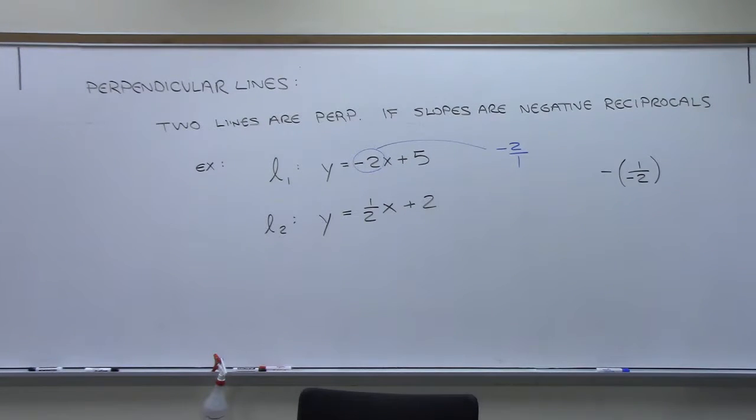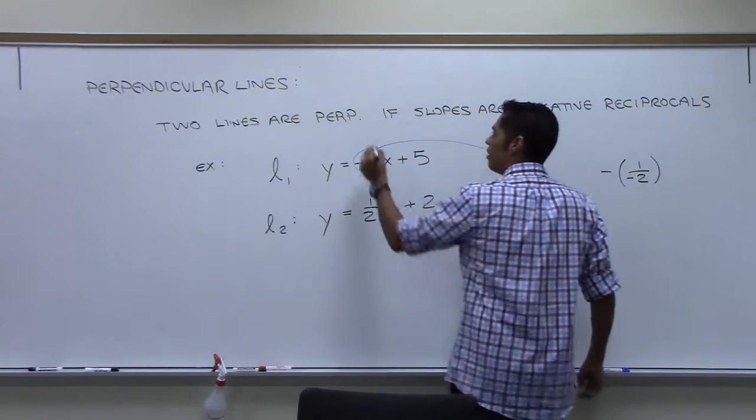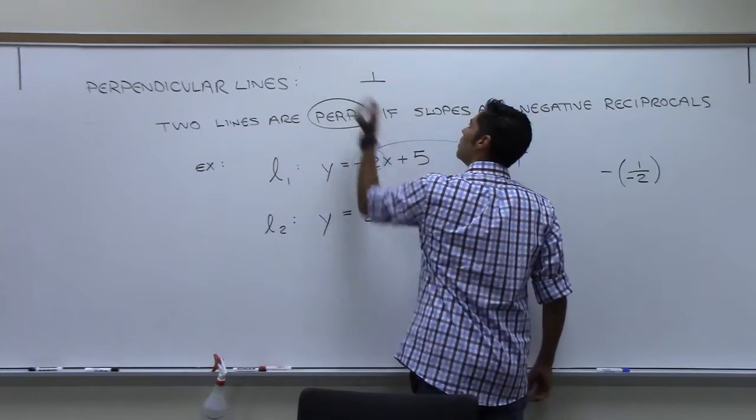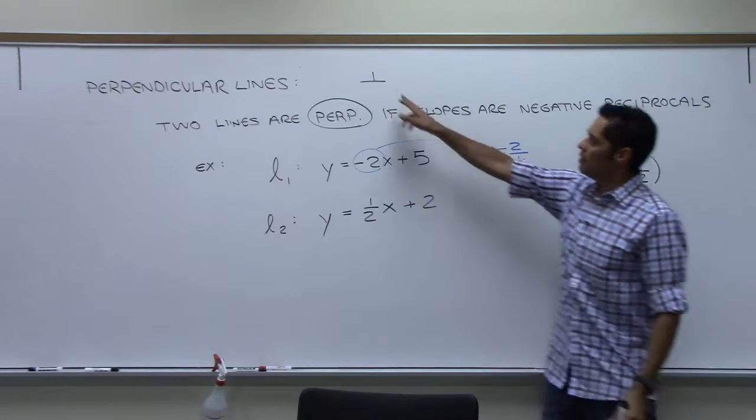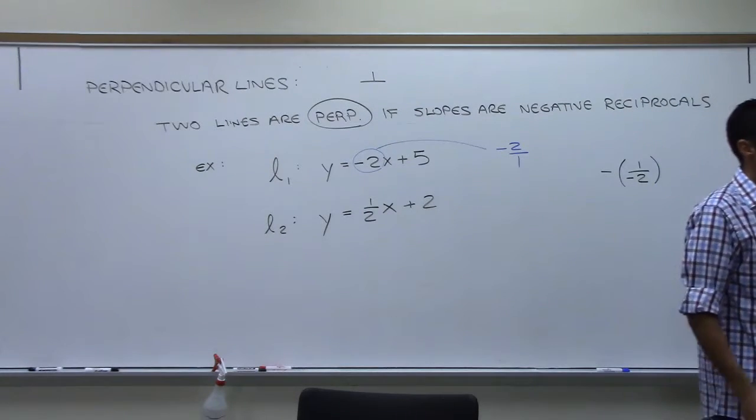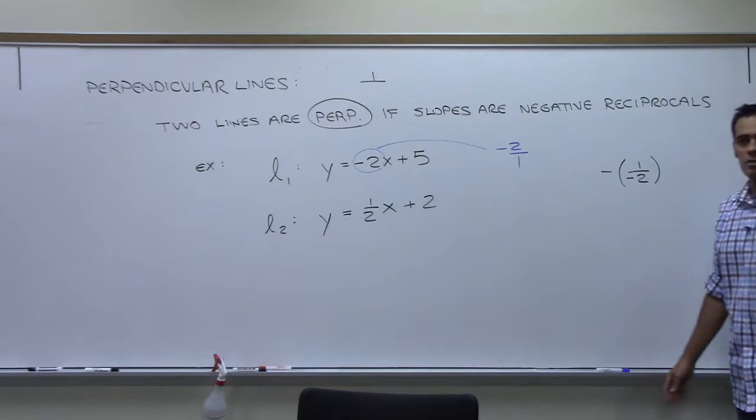Understand? Any questions? Okay, so the shorthand notation for perpendicular is this thing right here. It's almost like an upside down T. That's the notation we like to use to say two lines are perpendicular.